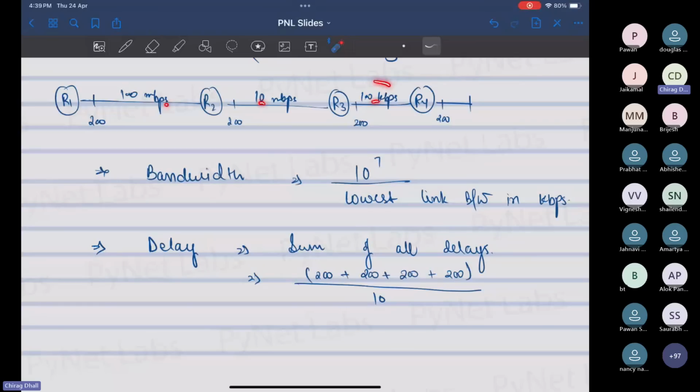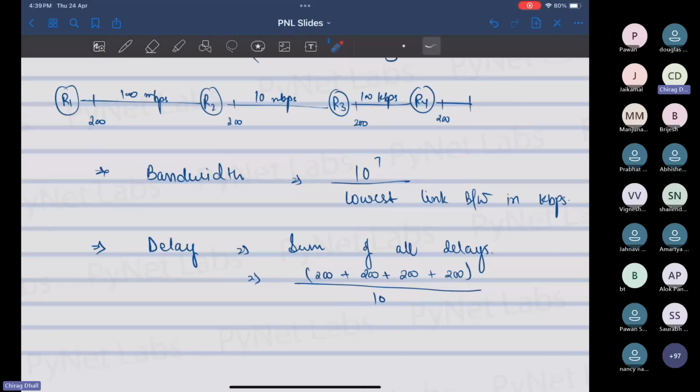Whatever bandwidth would be lowest, you will consider that. And when we talk about delay, we add all the delays of all exit interfaces and then divide them by 10 to make it in microseconds. Because when we configure a delay, it gets configured in tens of microseconds.